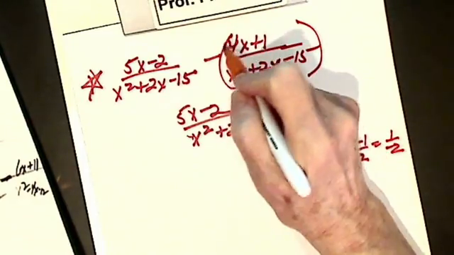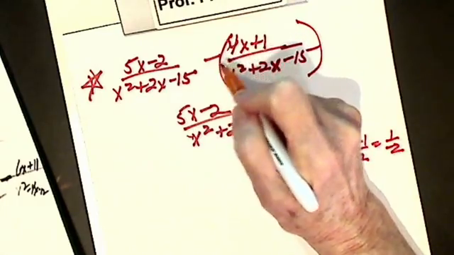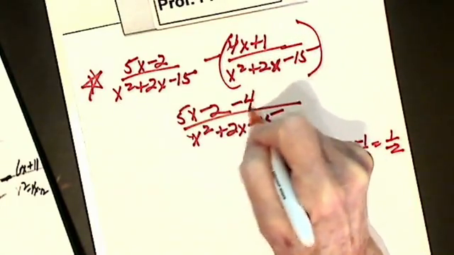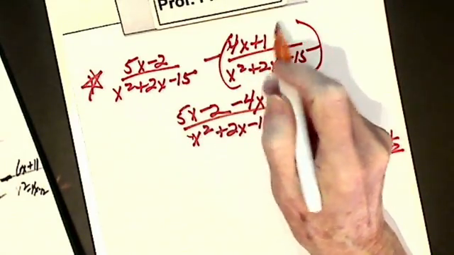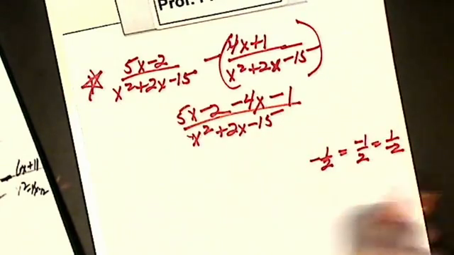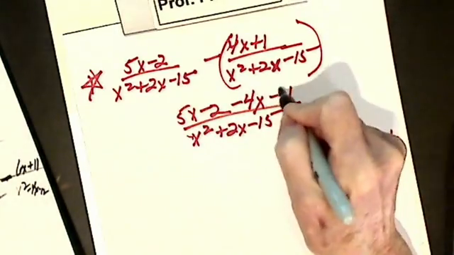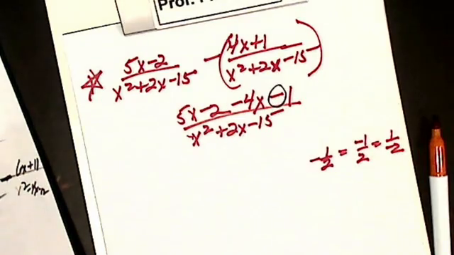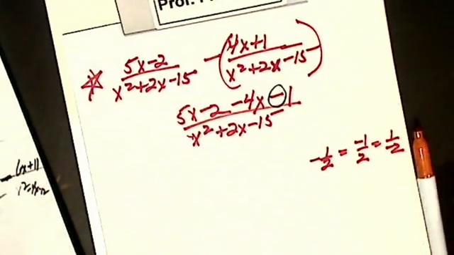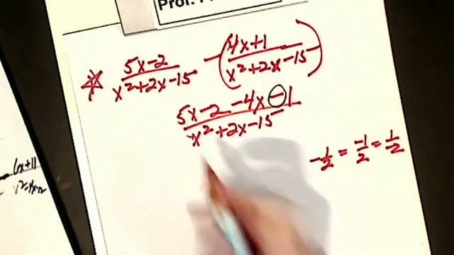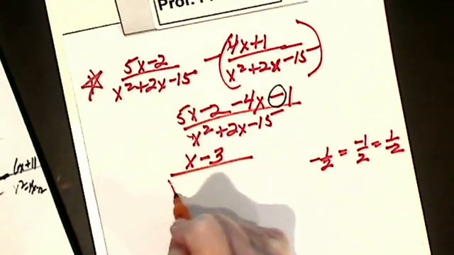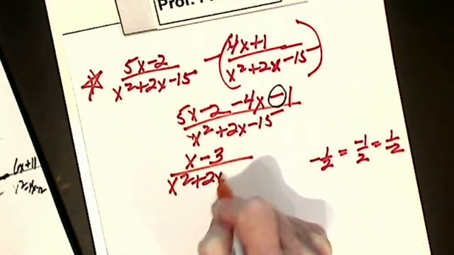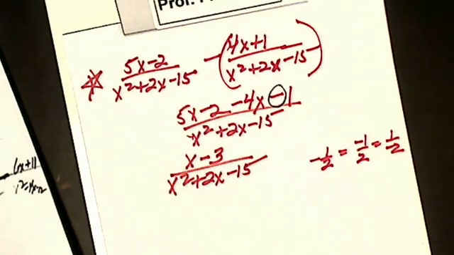So you can think of it as distributing a negative 1. So I get minus 4x, but negative times plus, unlike signs, gives me negative 1. And tons of people mess that up. Then I do my thing. Combine like terms. So I'm going to get x minus 3 divided by x squared plus 2x minus 15.